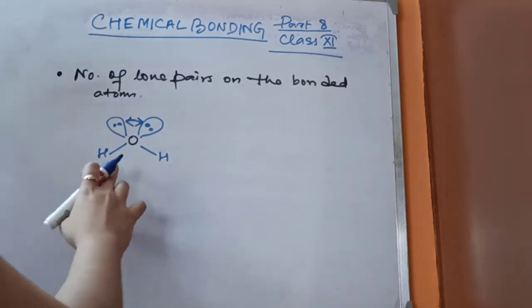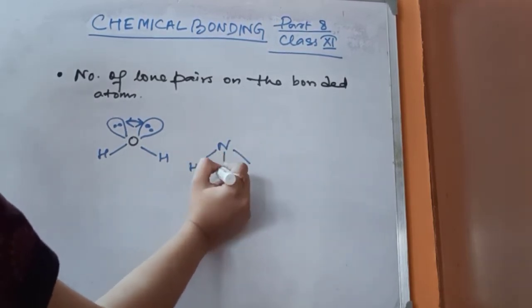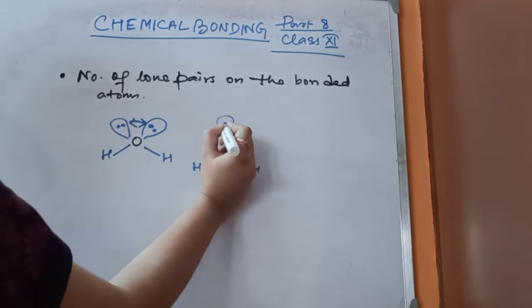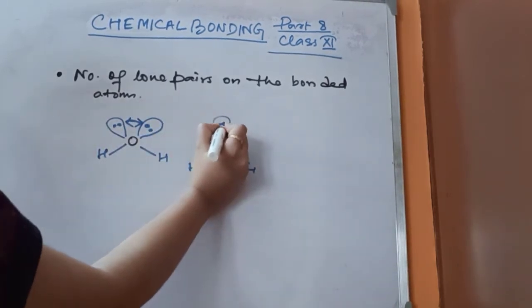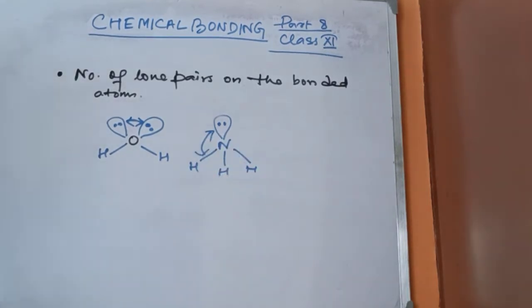And like in ammonia, there is one lone pair of electrons, then repulsion takes place between lone pair and bond pair. Okay. So the lone pair repulsion, the electron repulsion, basically decreases the bond dissociation enthalpy.